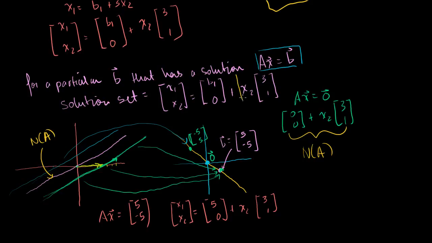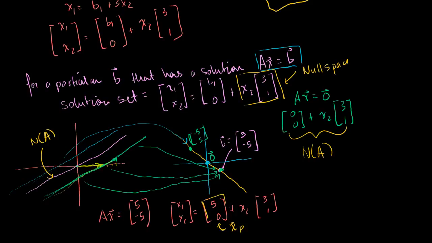This right here is the null space. That right there is the null space for any real number x2. Any scalar multiple of 3, 1 is the null space. I just showed it right there. And so all of these other solution sets are just some particular vector, some x particular, plus the null space.